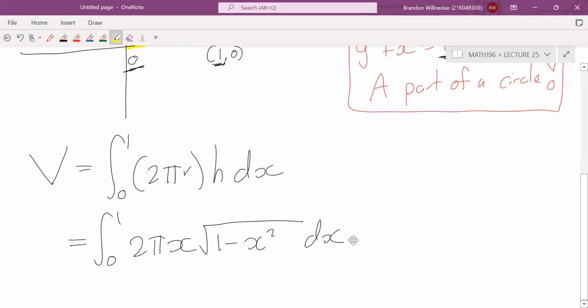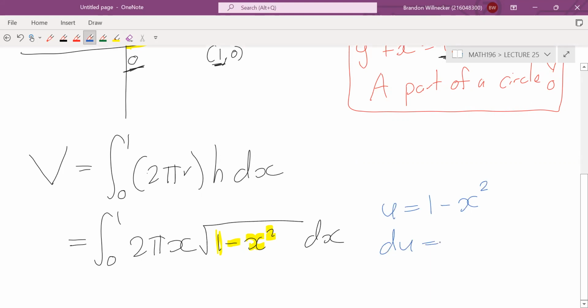You should be thinking this looks like a u substitution, right? Because we've got this outer function being square root, and we've got this inner function being 1 minus x squared. Okay, I hope you haven't forgotten that from all of this volume work that we've been doing. So u is equal to 1 minus x squared.